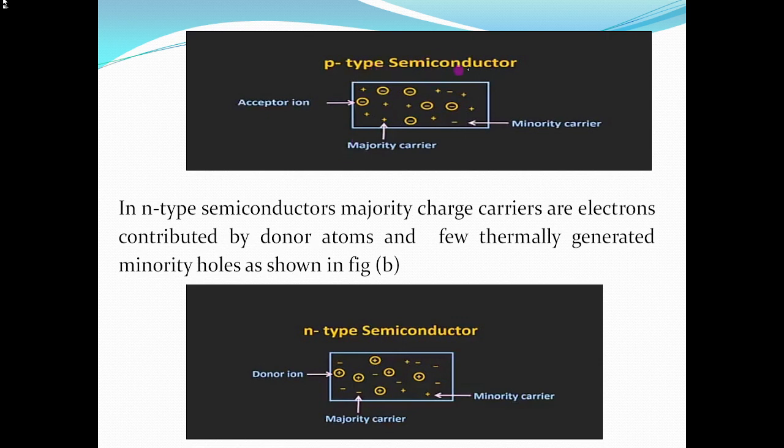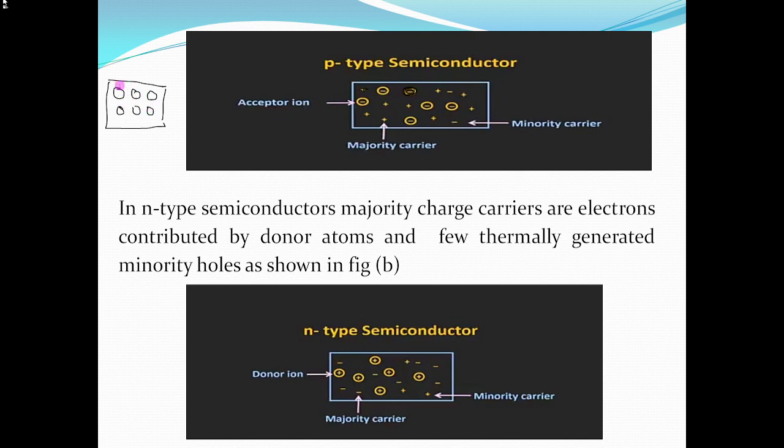See here, this is the P-type semiconductor. The holes are carrying positive charge. Where are we getting these positive charges from? From the acceptor atoms. These are ready to accept electrons, ready to gain electrons. That's why they become electronegative, they become negative.